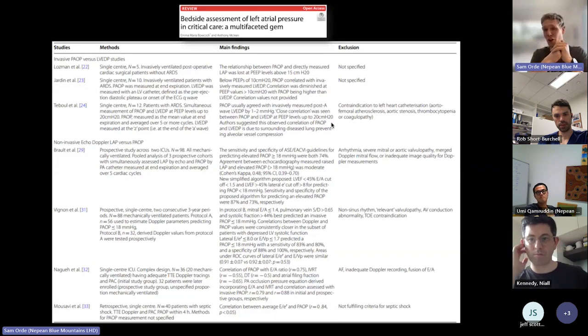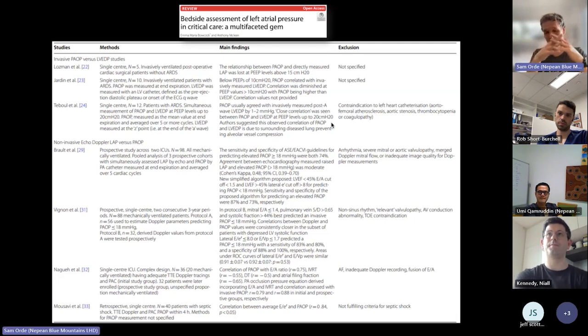And what they started to show is that if we're using the pulmonary artery occlusion pressure as this reference standard, we started to see that as you start putting patients on more and more positive end expiratory pressure, some of the compliance issues, or that relationship we see between left ventricular diastolic pressures and left atrial pressures, can start to go.